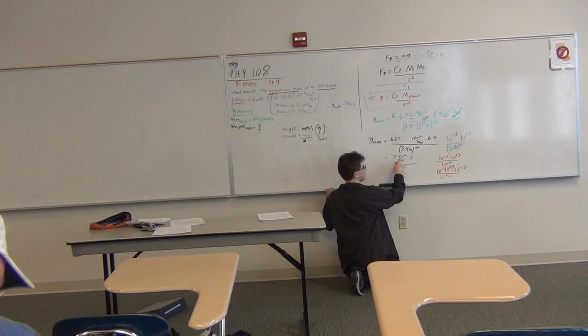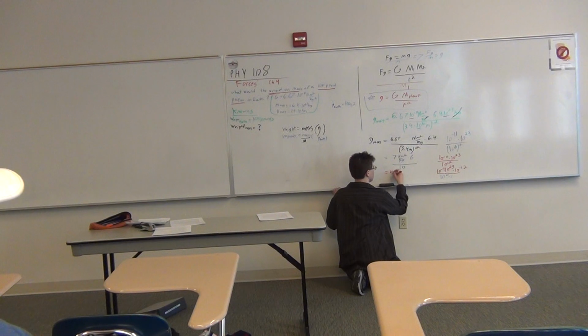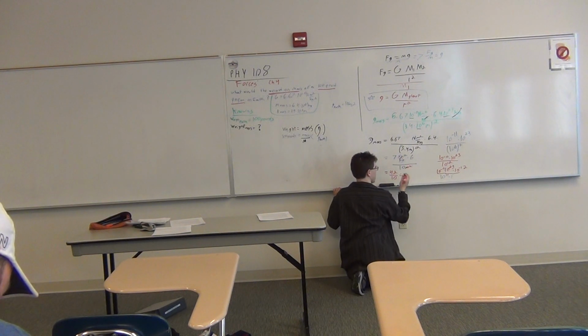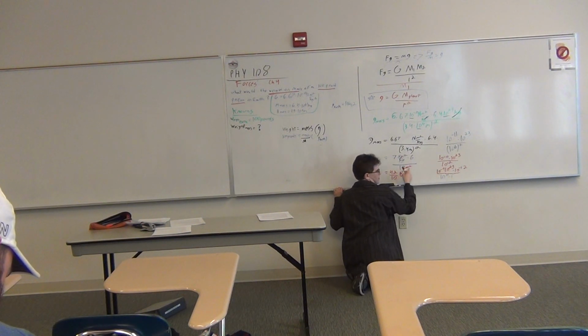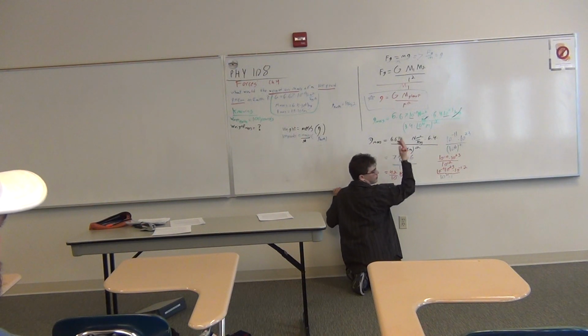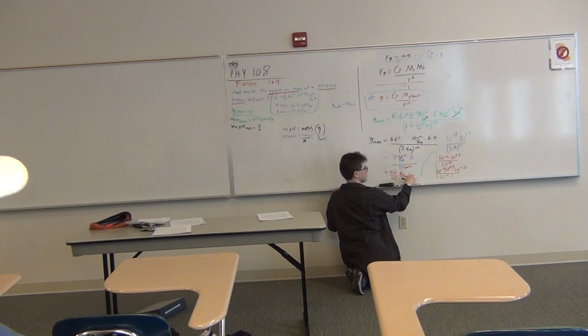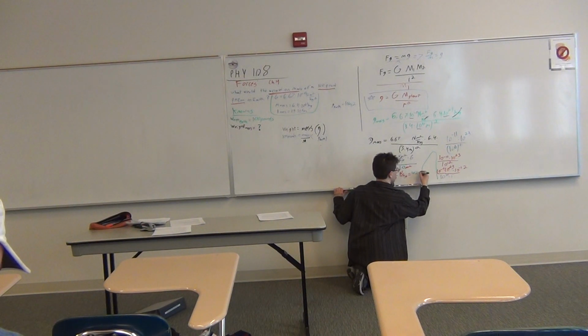So you get 7 times 6. What's that equal to? 42, over 10. Meters squared cancels, and we're left with newtons per kilogram. 10 to the 0 is still just 1. So we get 42 divided by 10, meters per second squared.